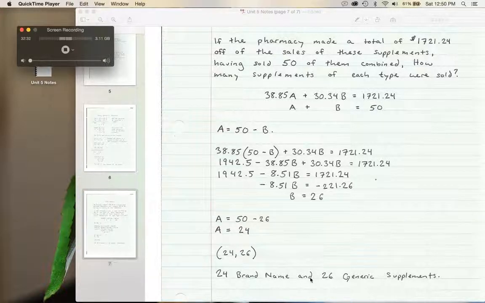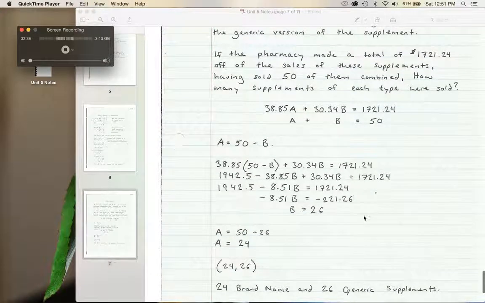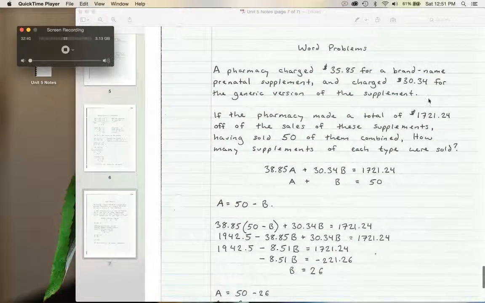So we've successfully found the quantity of the brand name supplement as well as the quantity of the generic supplements that were sold, given the information that was provided to us in the word problem.